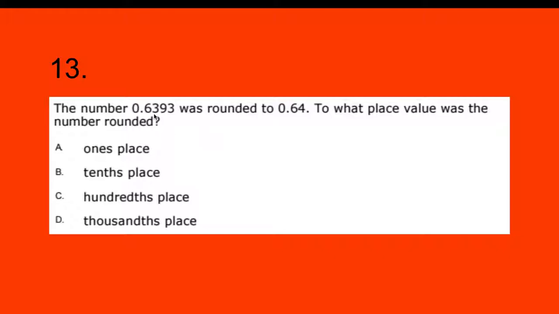I would need to look at the 3 and look next door. That's a 9. 9 is greater than 5, therefore I would add 1 to the 3. What place is the 3 in? That's going to give you your answer for this question. Please make your corrections on your sheet now.